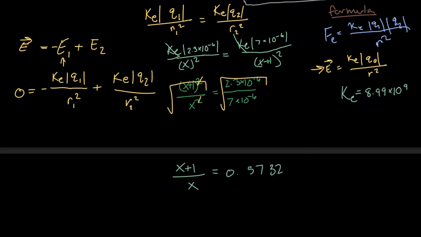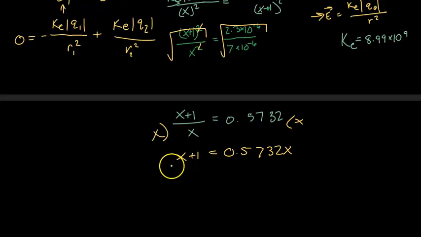And then from here we will multiply both sides by X to get rid of that one, and we'll get X plus 1 equals 0.5732x. And from here we will just subtract an x.